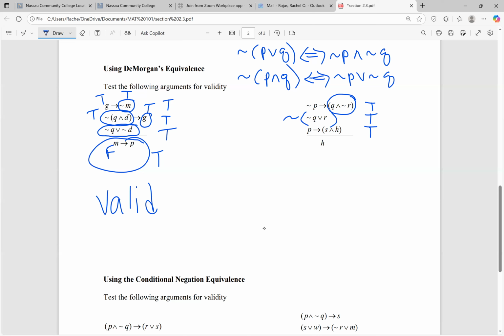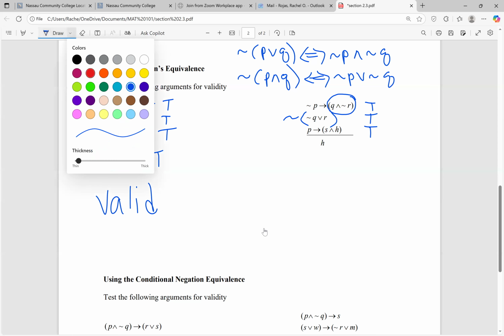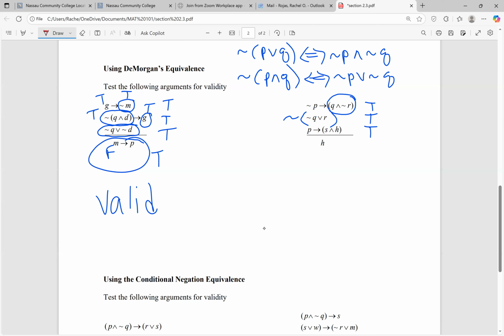So Q and not R is equivalent to not (Q or R). And that value is false, since not (Q or R) is the premise and it's true, the negated version of that would be false. And the negated version of that or statement is Q and not R, which is this statement up here. So that would be false as well.